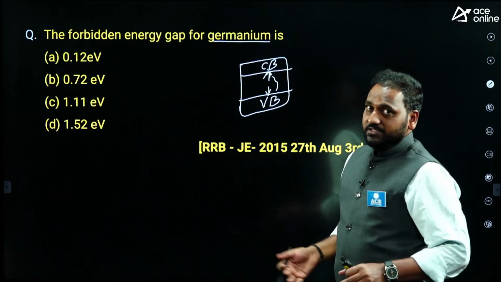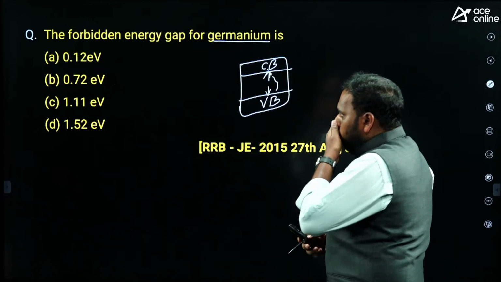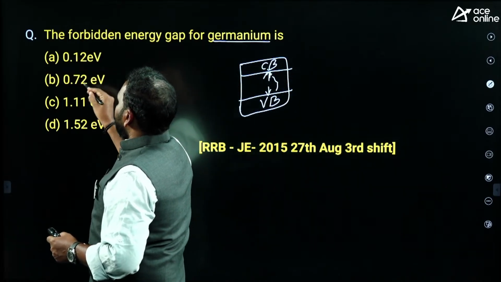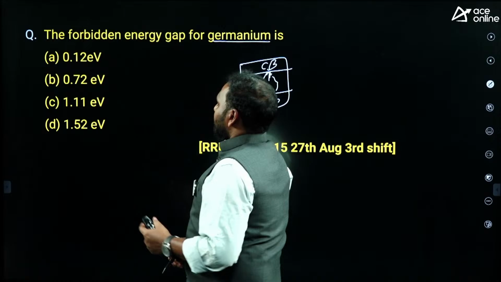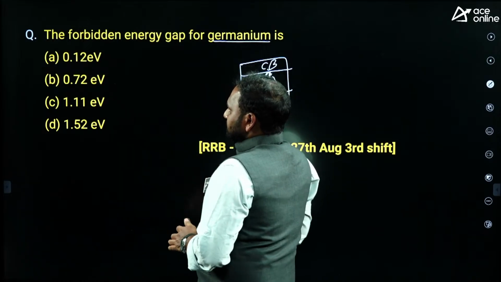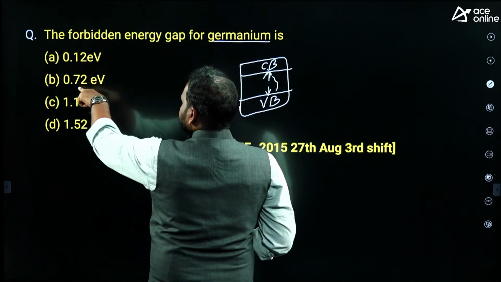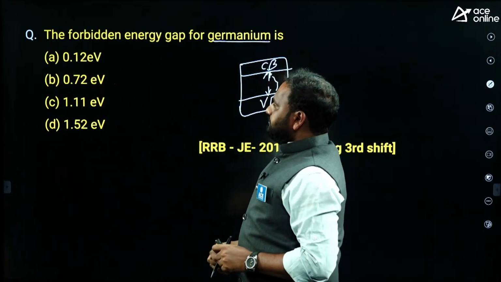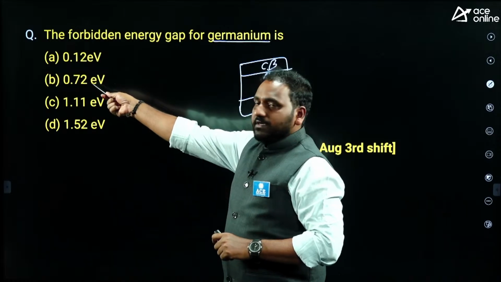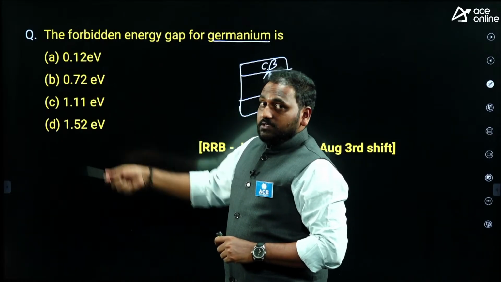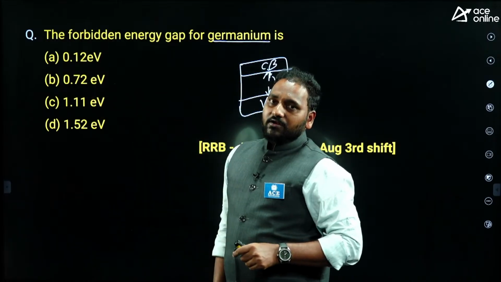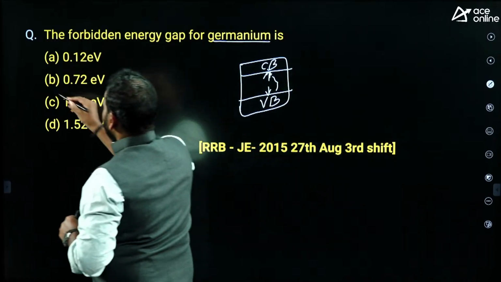We don't go into in-depth analysis of energy band diagrams. It is around 1.1 for silicon, 0.72 or 0.78 for germanium. We have only 0.72 in the options. Strictly speaking, 0.72 is the value at room temperature, 300 kelvins. At absolute temperature, 0 kelvins, we need 0.78 electron volts. Anyway, 0.72 is the correct answer.